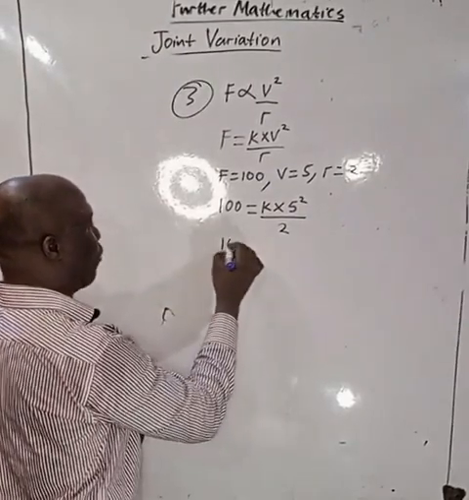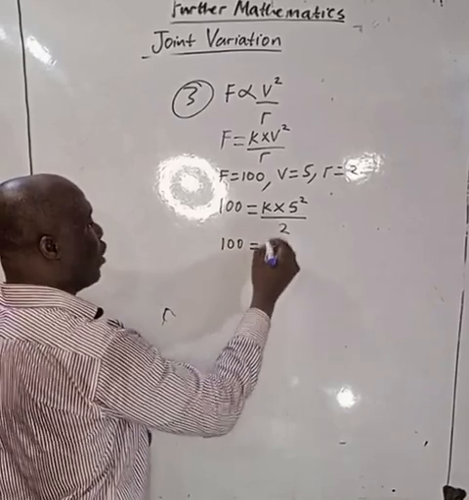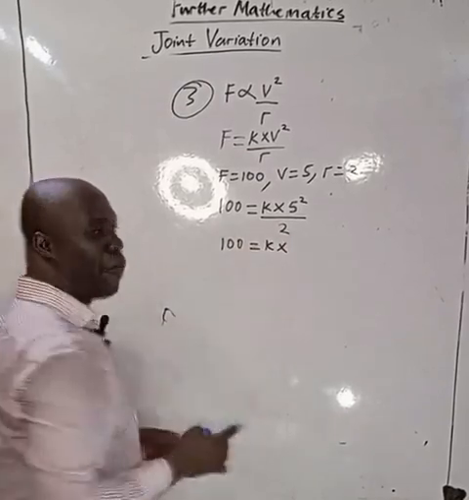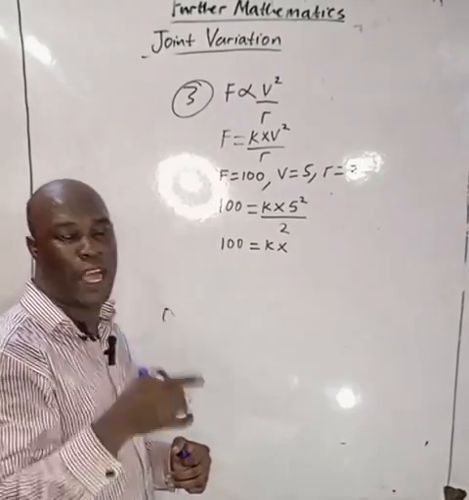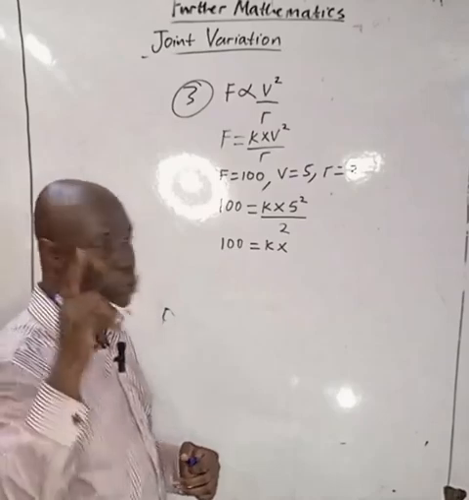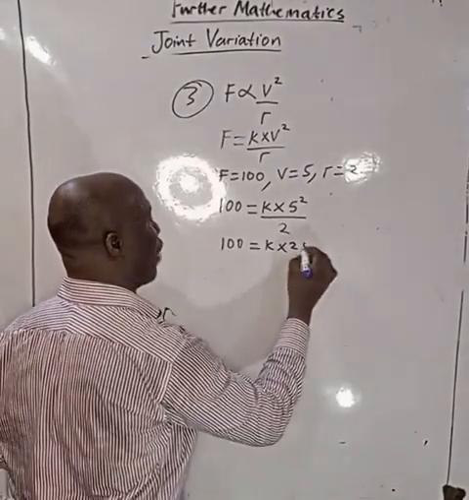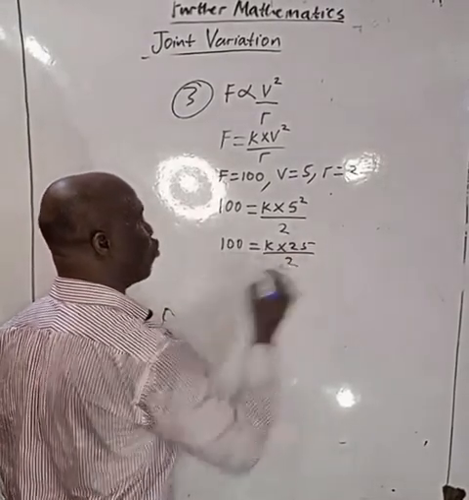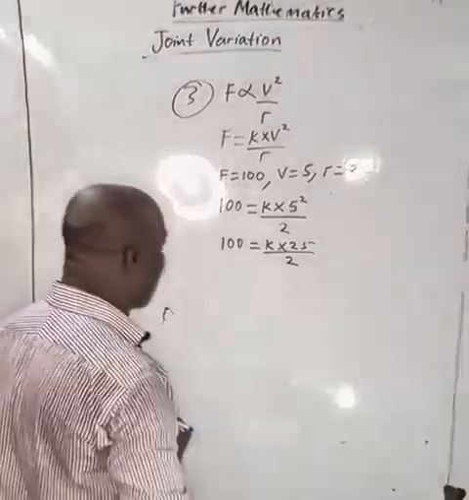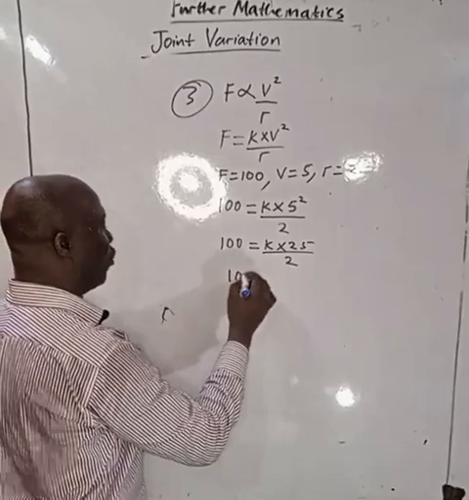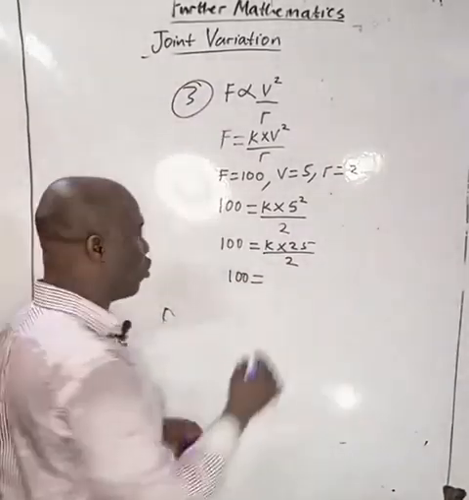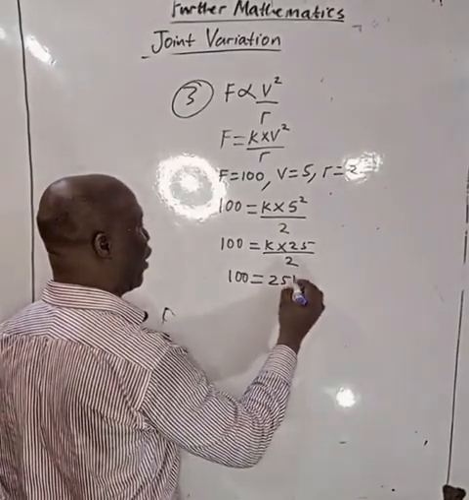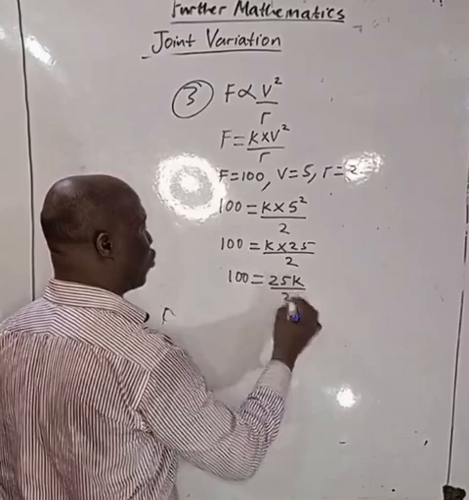Then let's move on. You have 100 equal to K multiplied by 5 squared. That means 5 in 2 places, 5 multiplied by 5, and that's 25. You have 25 over 2. Good, now let's move on. So we have 100 equal to 25K over 2.